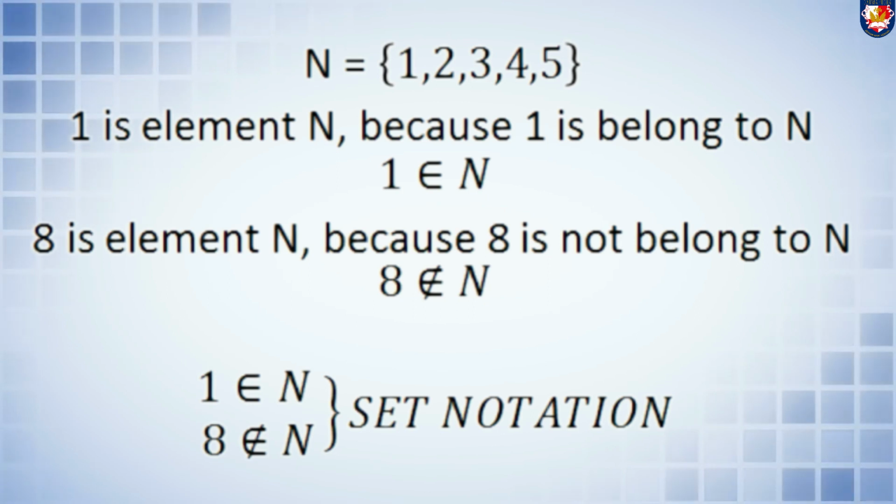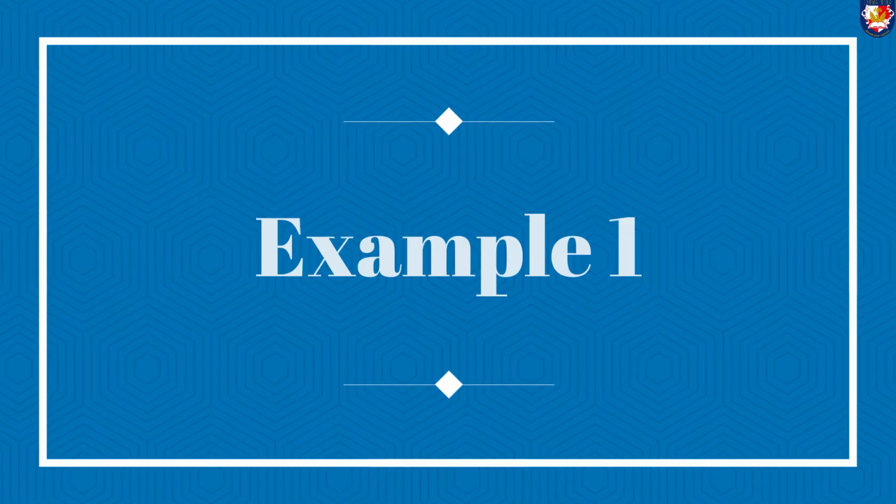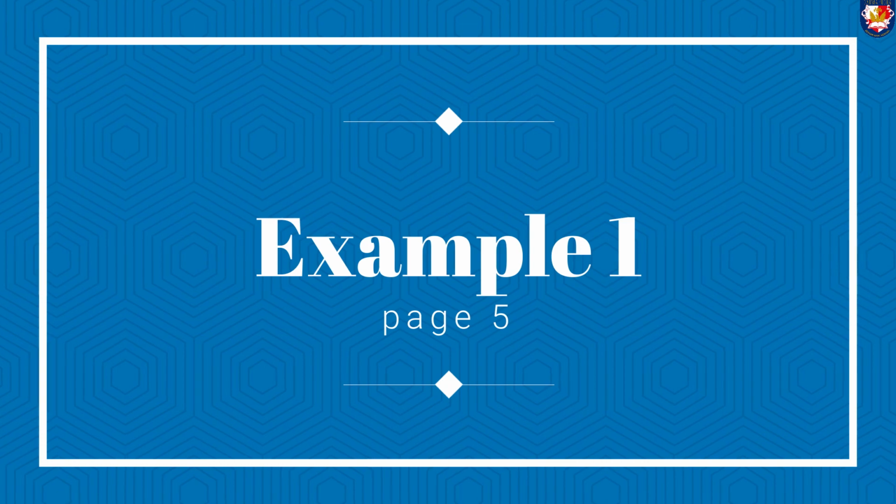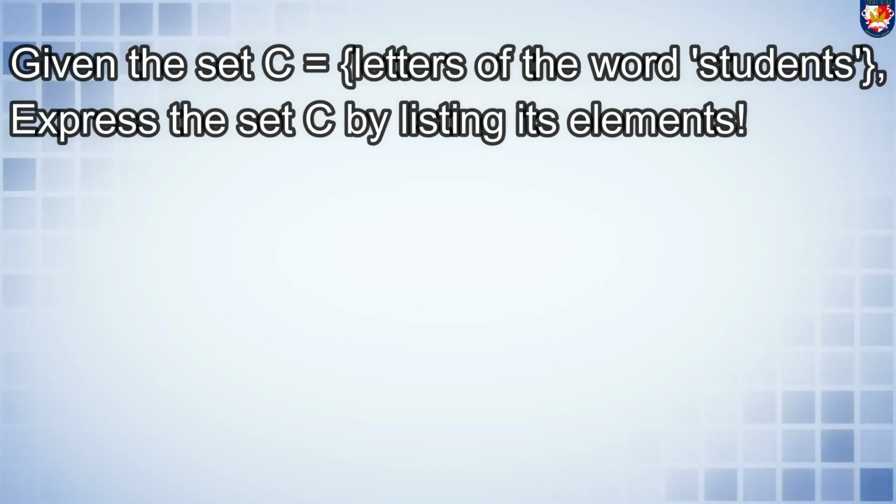For the next slide, I ask you to open page 5 in your book, example 1. Given that set C is the letters of the word student, express set C by listing its elements. It's the third way, listing the elements.